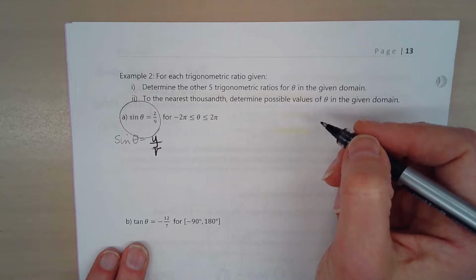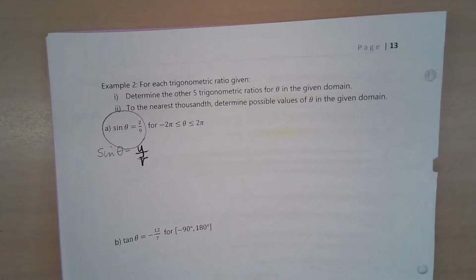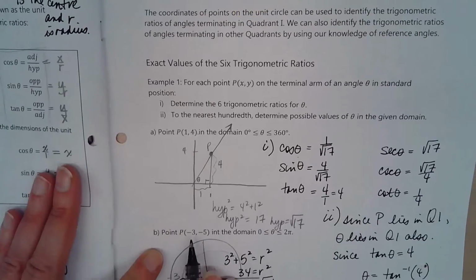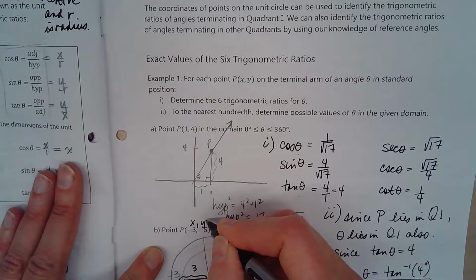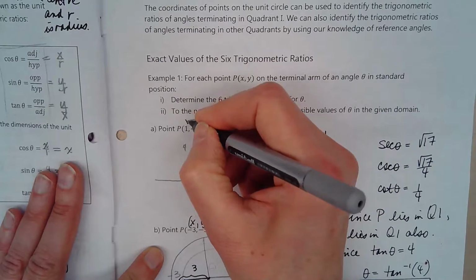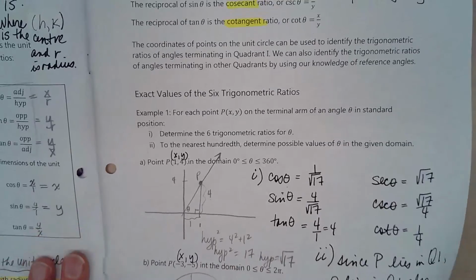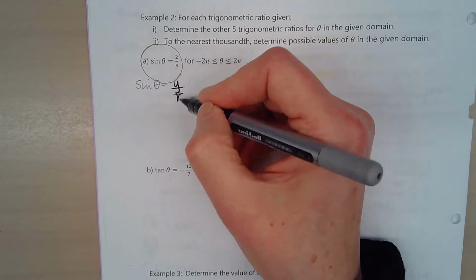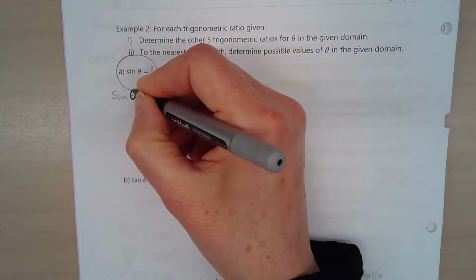When you're given a ratio, you're given 2 of the values, right? When you're given a point, you're also given 2 of the values. You're given x and y, and you just had to find r. When you're given a ratio, you could be given x and y, but this time you were given y and r. So then you have to find x, right?